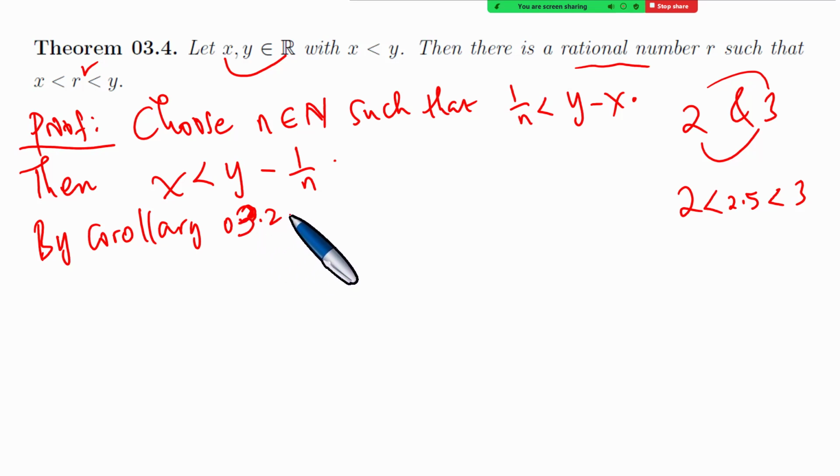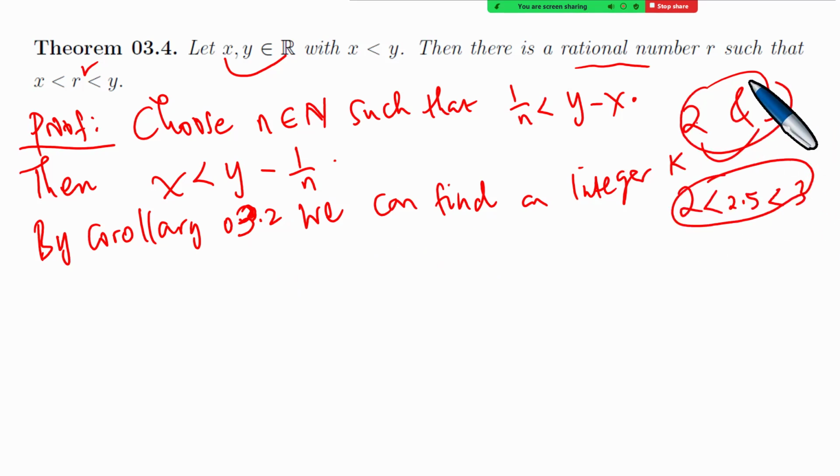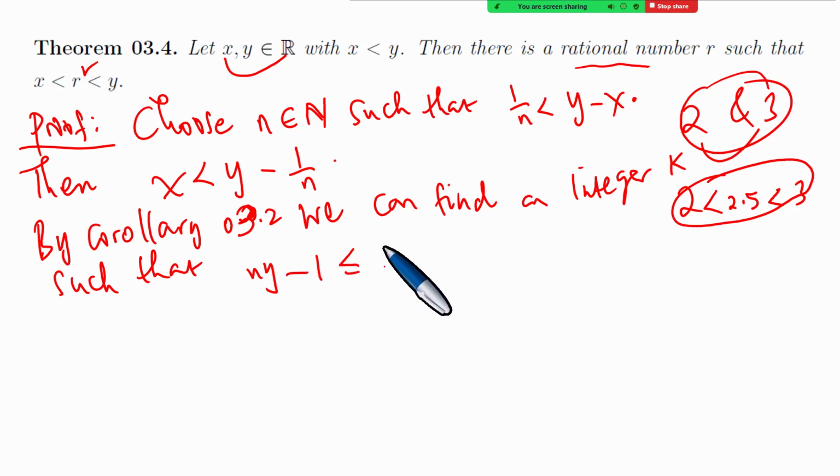By corollary 03.2, we can find an integer k such that ny minus 1 is less than or equal to k, less than ny.